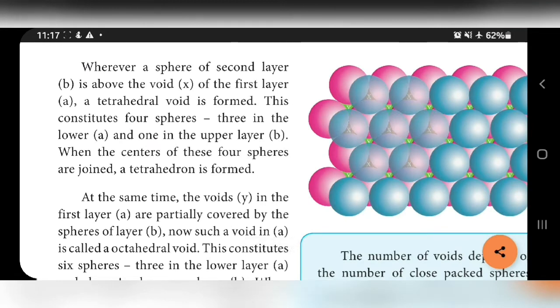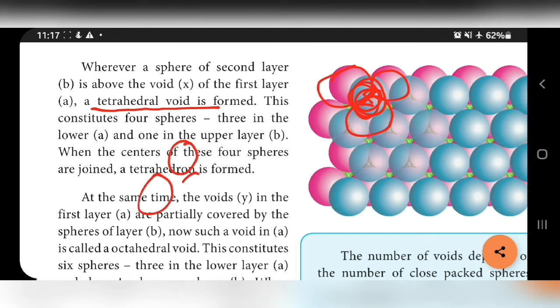Whenever a sphere of the second layer B is above the void X, a tetrahedral void is formed with the first layer A. Which one is X void? This is X void. Here 2 atoms, here 1 atom, between them this void is called X. If you place an atom on this void, this is called a tetrahedral void.